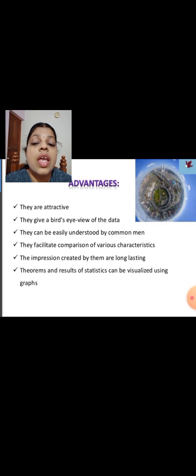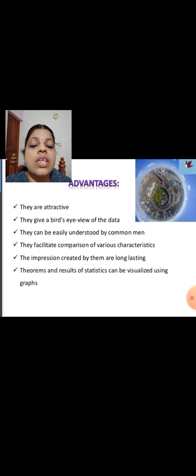That means we get a micro level view from that. Understood? Whatever is there in the tabular form is spread out, but here we get a bird's eye view, meaning even minute points we can view in this diagrammatic presentation.